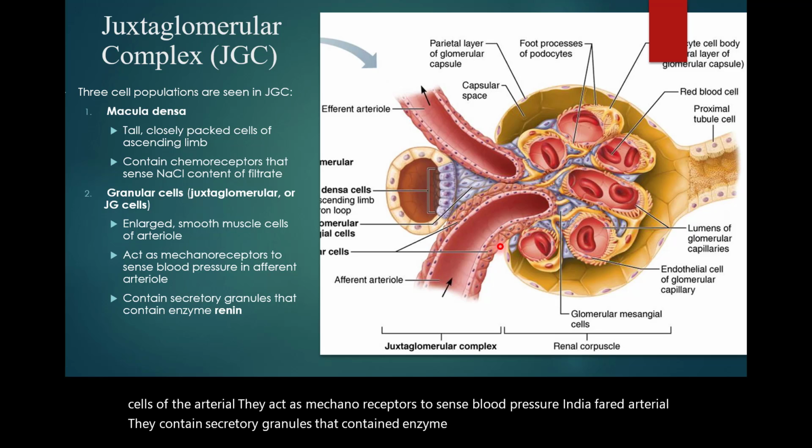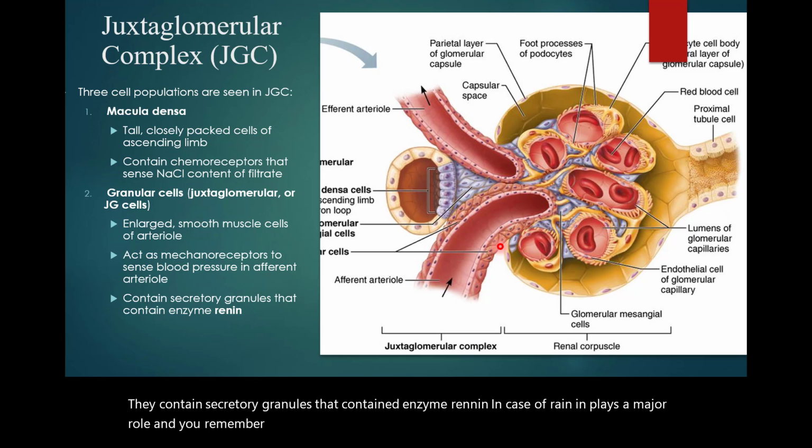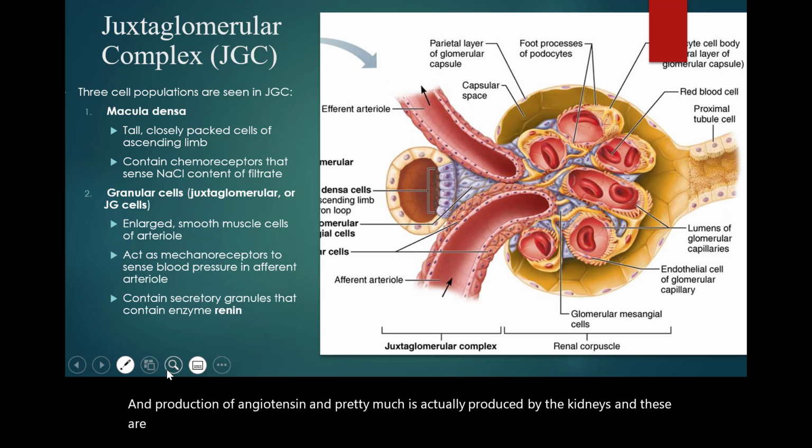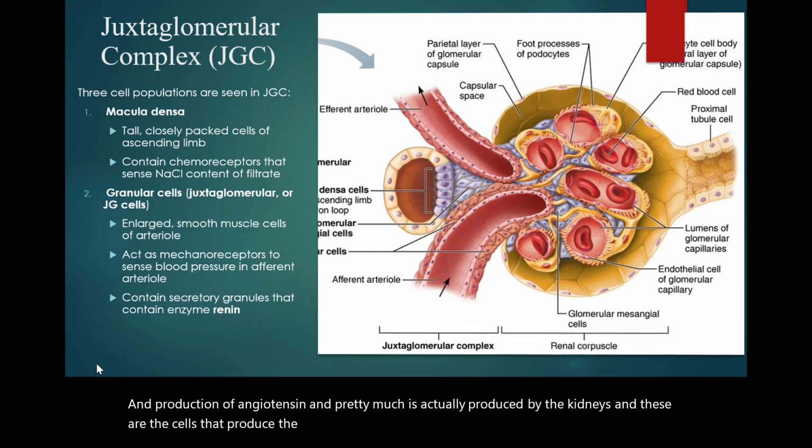Renin plays a major role in your renin-angiotensin system, in the conversion and production of angiotensin, and it is produced by the kidneys. These are the cells that secrete the enzyme renin.